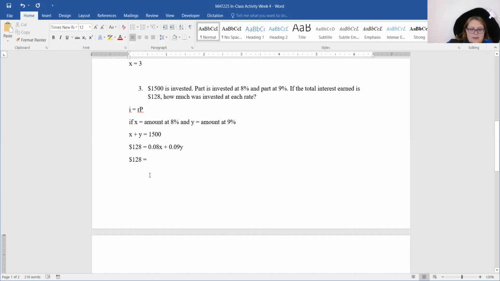We have to get y by itself. So are we subtracting 0.01y, or are we dividing it? Well, how are you going to get y by itself? You have to divide it. Right.